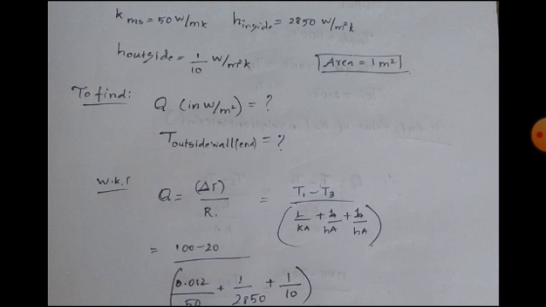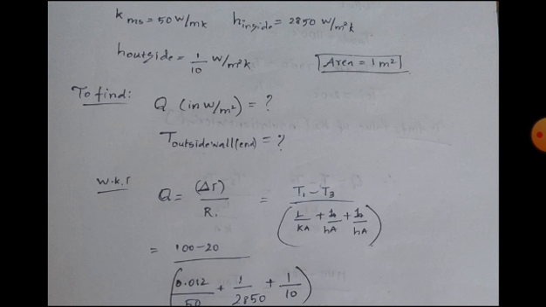We know the general formula that heat loss Q is equal to change in temperature divided by resistance, and the temperature difference delta T we take as T1 minus T3, or just T1 minus Ta, which is the atmospheric temperature. The atmospheric temperature is taken as T3 here.